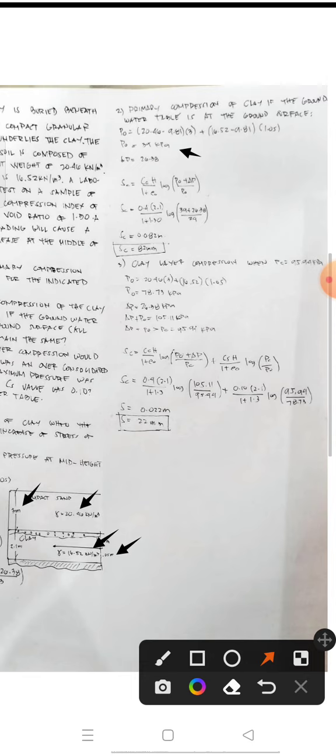So yung delta P given pa rin na 26.38, at yung formula na Cc H over 1 plus e0 logarithm Po plus delta P over Po.